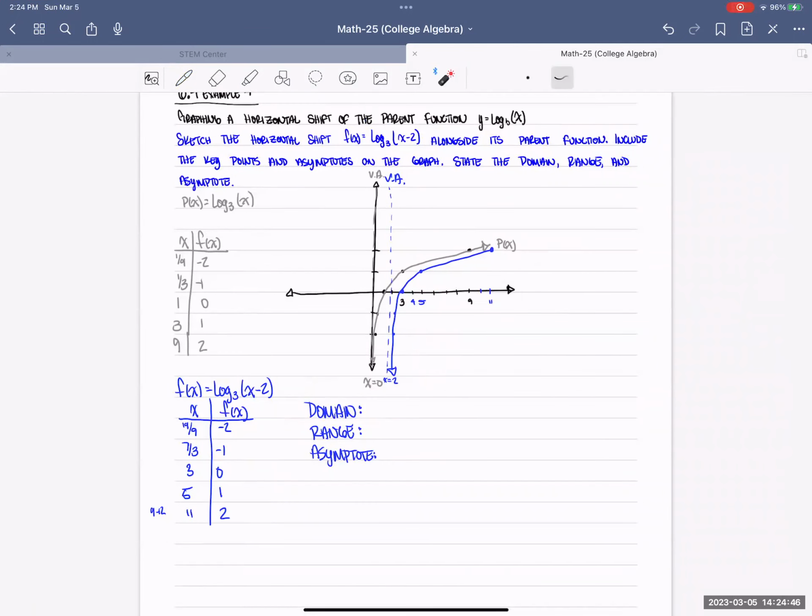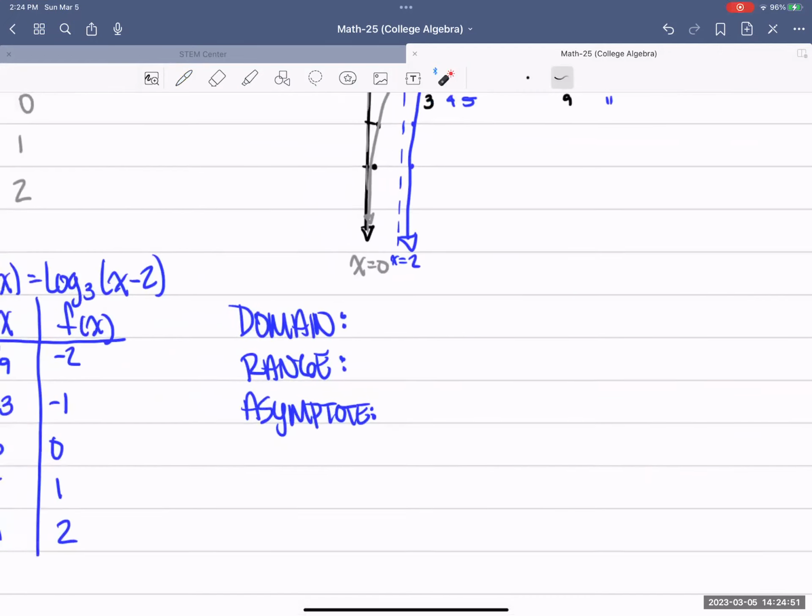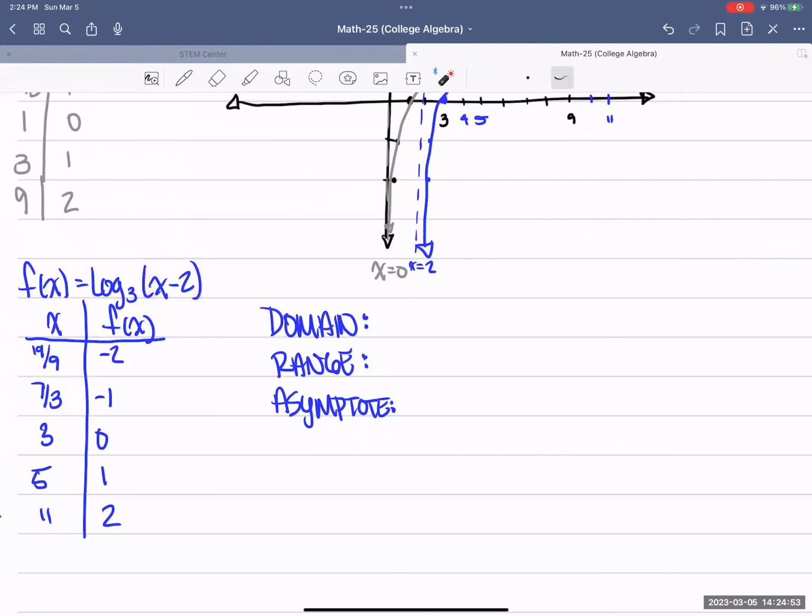Domain, again, is whenever we have positive numbers inside of our log, so from 2 to infinity. Our range is always going to be all real numbers when it comes to logarithmic functions, so from -infinity to infinity, or you could just use the all real numbers symbol. And lastly, the asymptote. Here we said x is equal to 2 is our asymptote.